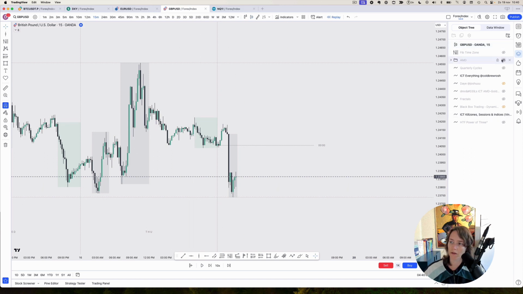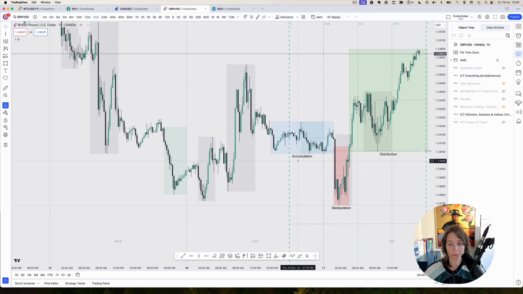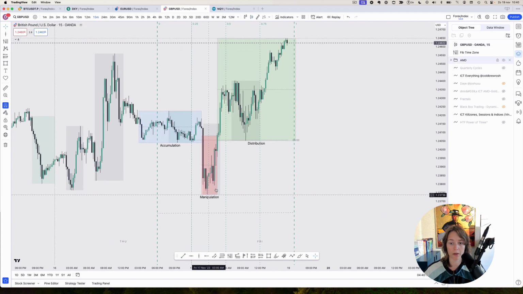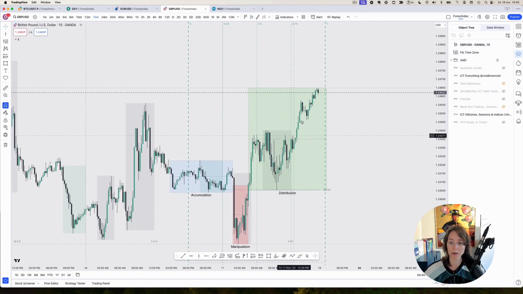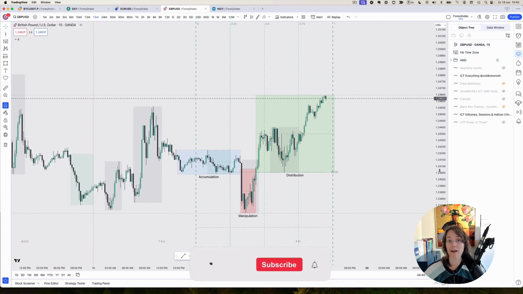And when you start understanding how these AMD cycles work, or accumulation, manipulation, distribution, continuation, then you will start to notice it everywhere.